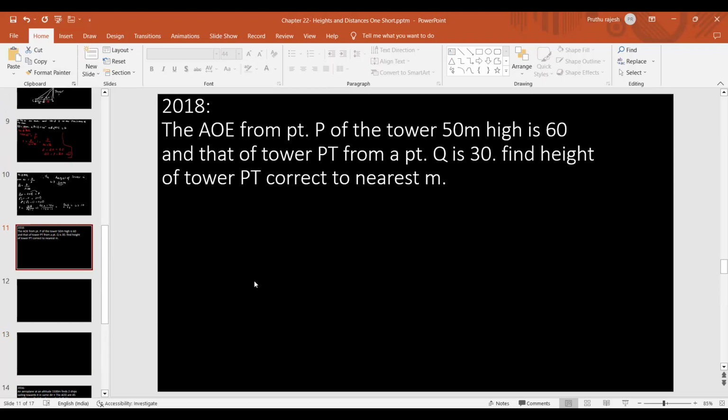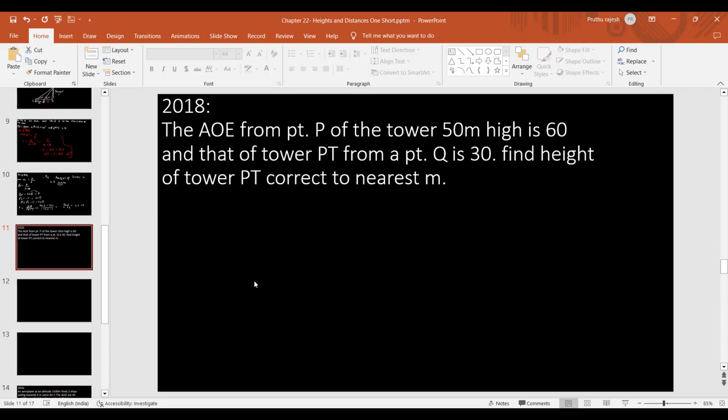This is also a board question. It says the angle of elevation from a point P of a tower 50 meters high is 60 degrees, and that of tower PT from point Q is 30 degrees. Find the height of PT correct to the nearest meter.